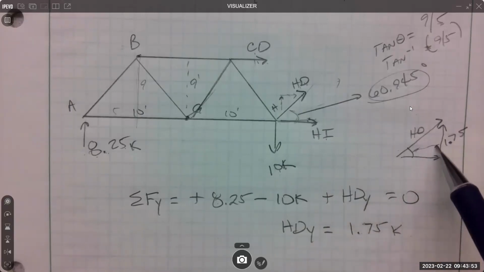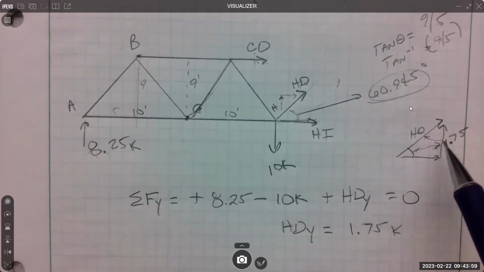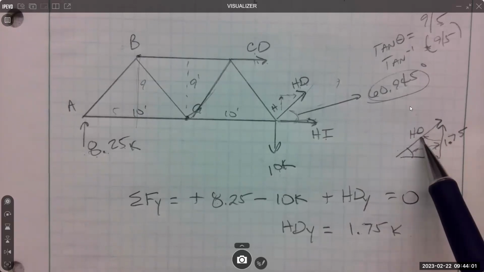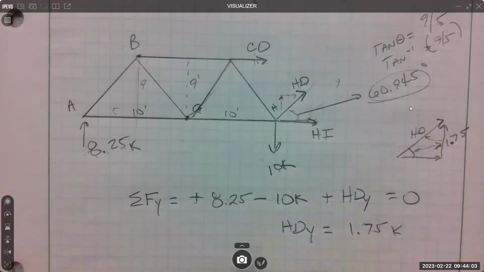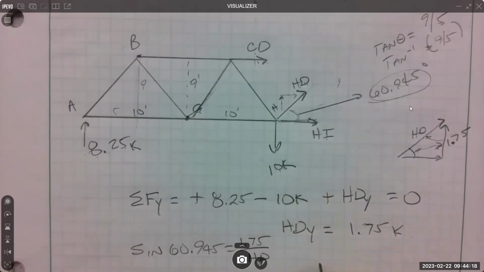So I know the opposite. I don't know the hypotenuse. I do know the angle. So opposite over hypotenuse is sine. So I'm going to say sine 60.945 equals 1.75 over HD. HD equals, these switch places.